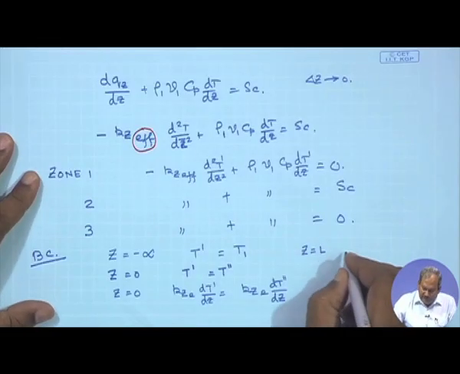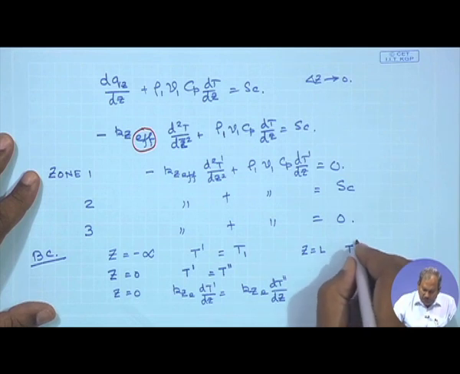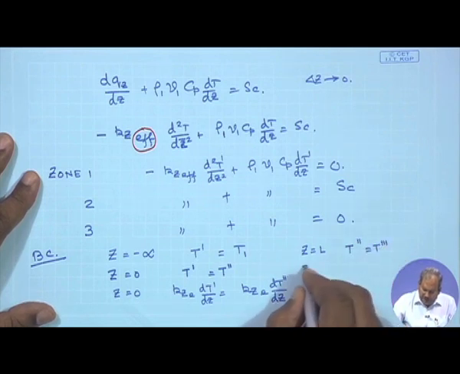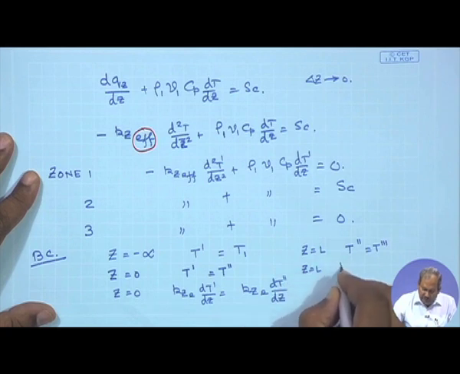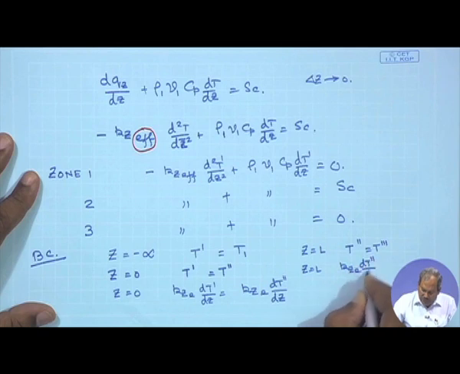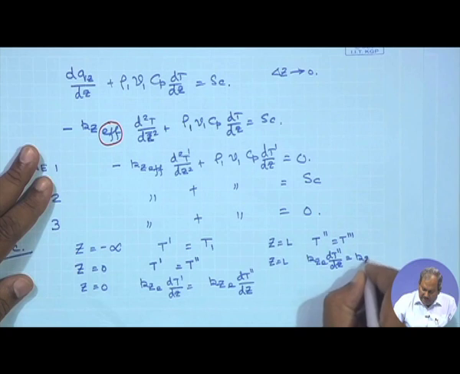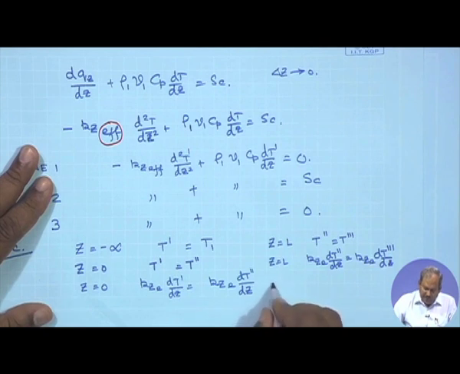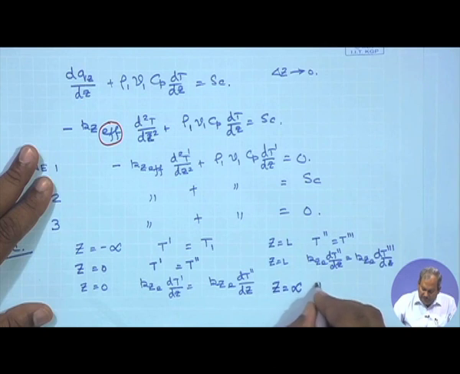So, at z equals L, T of 2 must be equal to T of 3, and at z equals L, kz effective dT2 by dz must be equal to kz effective dT3 by dz. So, this is the third condition, and at the other end at z equals plus infinity, T3 must be finite.